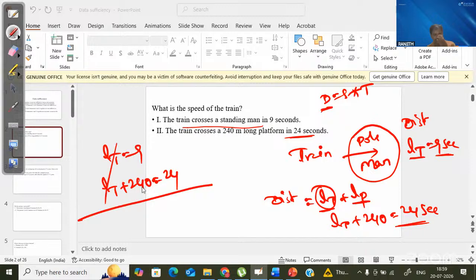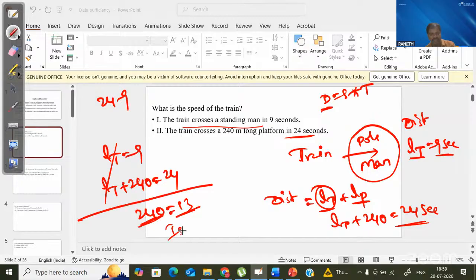Now the length of the train is cancelled. The difference is 240 in 24 minus 9, which is 15 seconds. So in 15 seconds, the train crosses 240 meters.